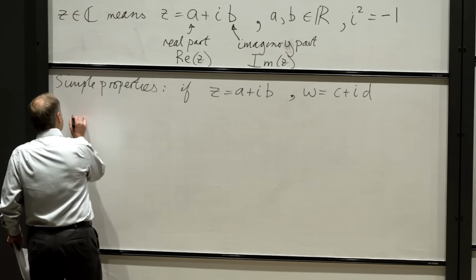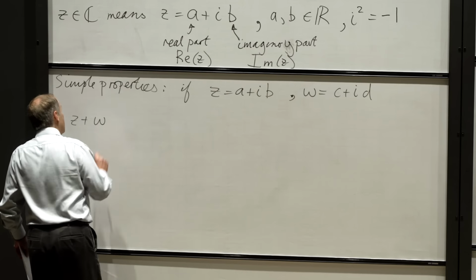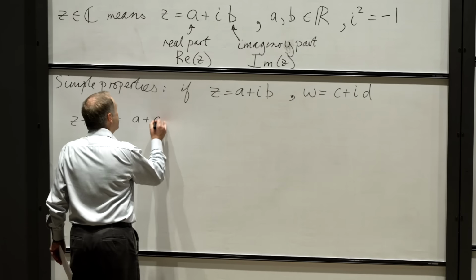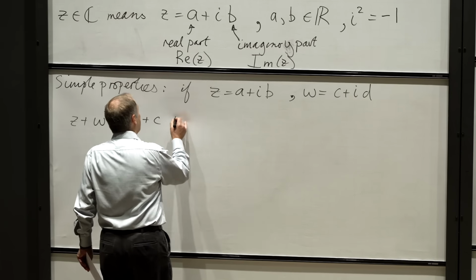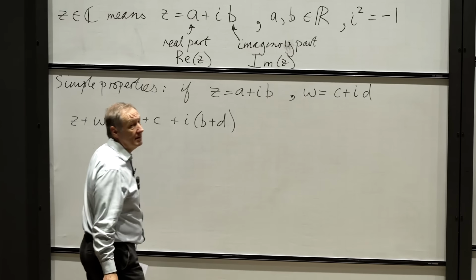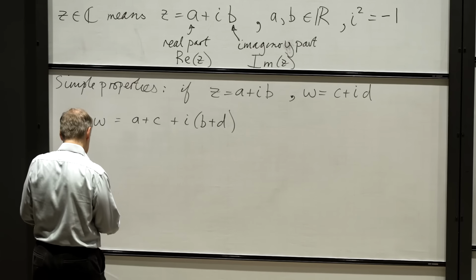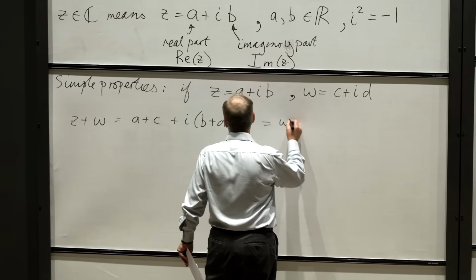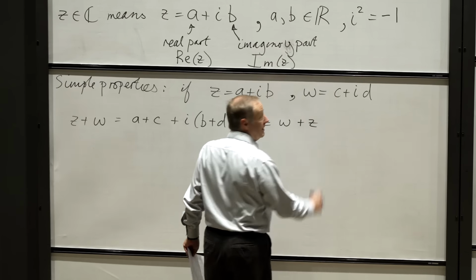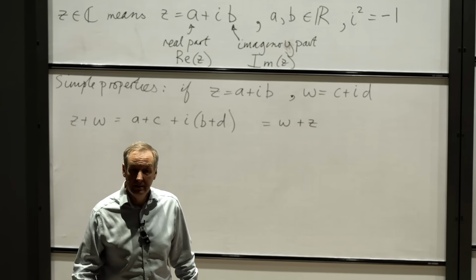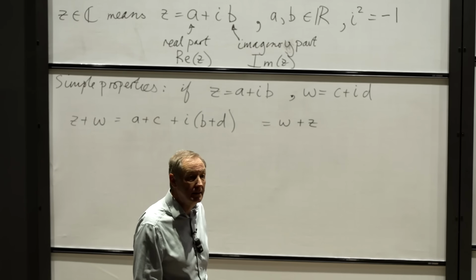Then what's Z plus W? That's just equal to A plus C plus I, B plus D. Okay, so you add complex numbers in a very simple way, and you notice that this is also equal to W plus Z, because you know that the order in which you add two real numbers together does not matter.